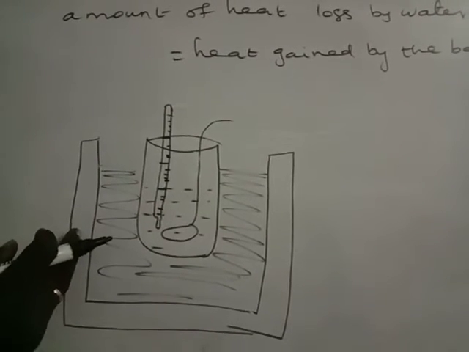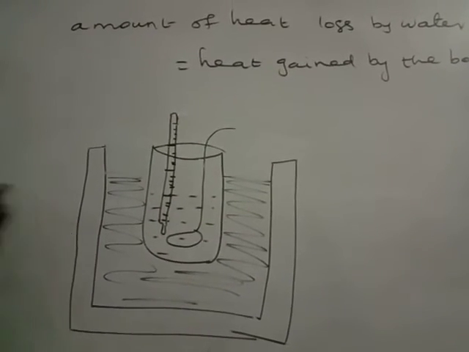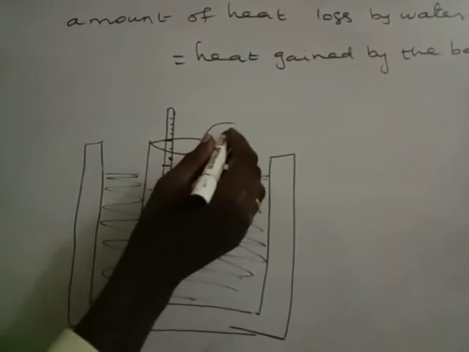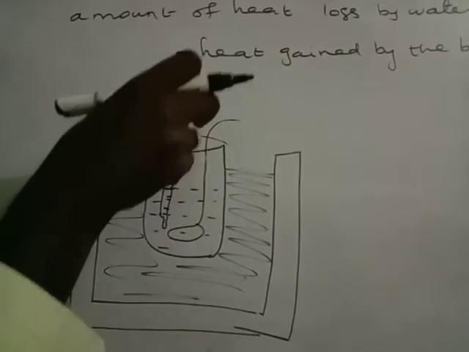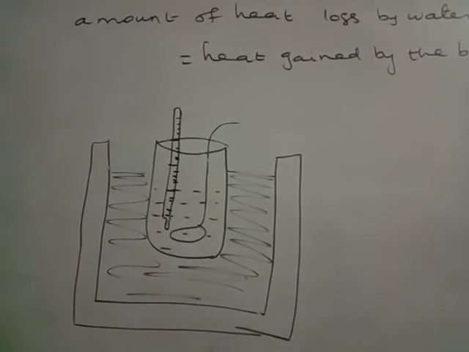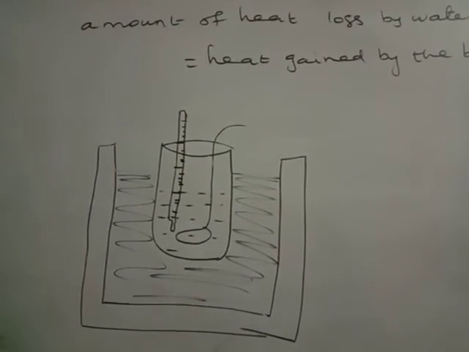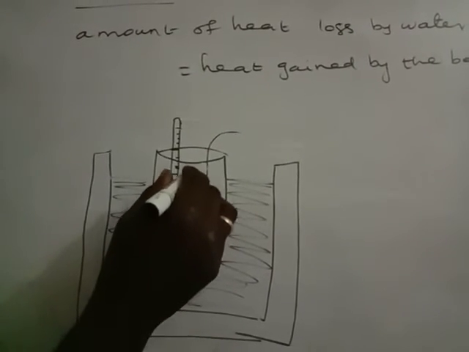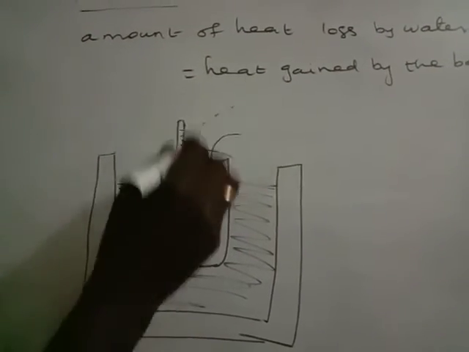The stirrer and thermometer are inserted into the copper calorimeter through the two holes in the lid. Now the lid is open. What happened? The heat is lost to the surrounding.